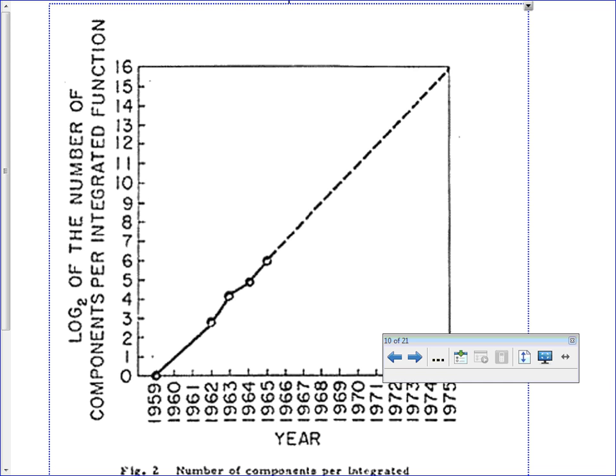And he graphed it on logarithmic graph paper. This is the log base 2 of his graph, and he gets what he considers to be pretty straight data for 1959, 1962, 1965, 1966. And so he publishes this paper in 1965, 50 years ago.